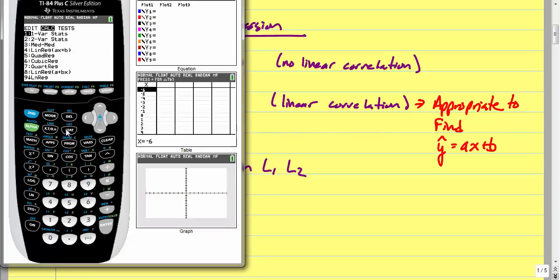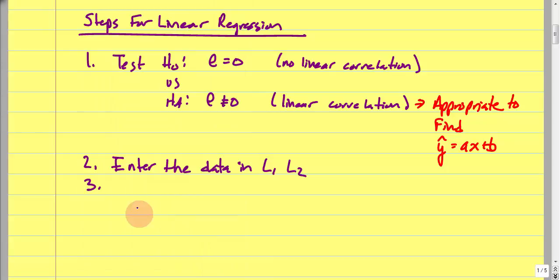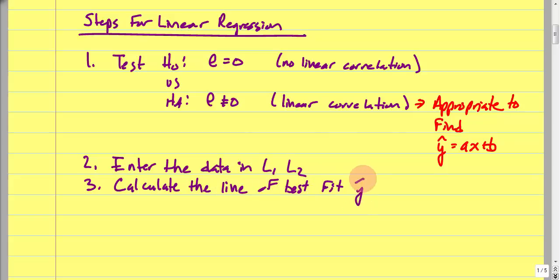And again, that was under Stat, Calc, Linear Regression, ax plus b. So calculate the line of best fit. And again, that line of best fit is the y hat equals ax plus b.